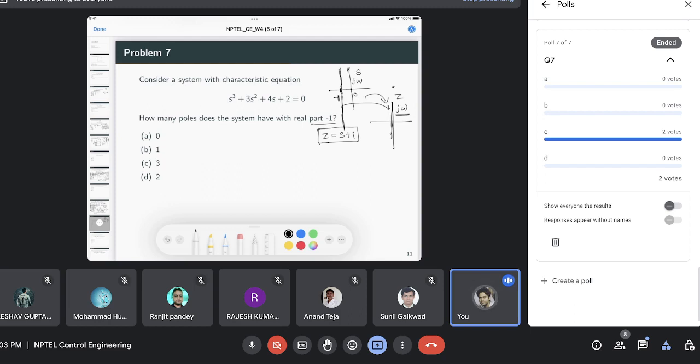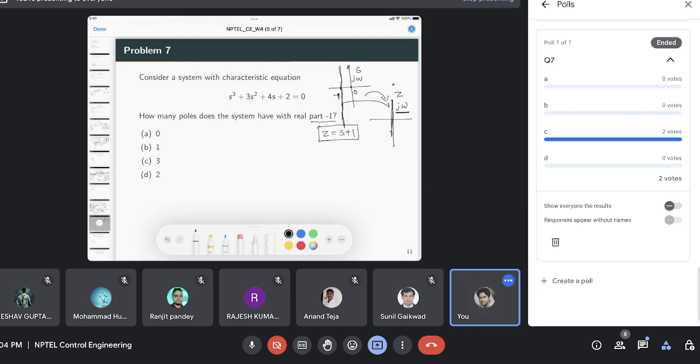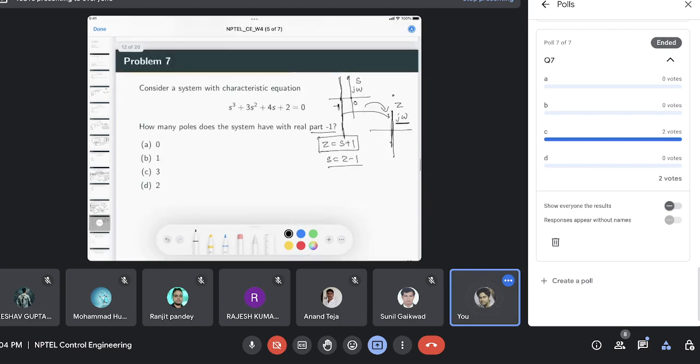Then in this transformed coordinate, that is z, if you analyze the Routh-Hurwitz criterion, you can find how many poles are located on the imaginary axis of the z plane. That corresponds to the -1 line of the S plane. So this transformation means you have to substitute, in place of s, z minus 1. So this polynomial will be, okay, I don't have space here, so I have to write it. So you write this polynomial. Let's remove this.